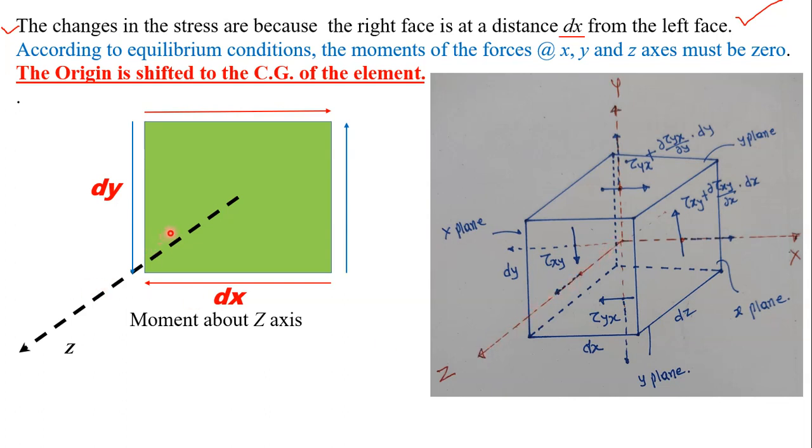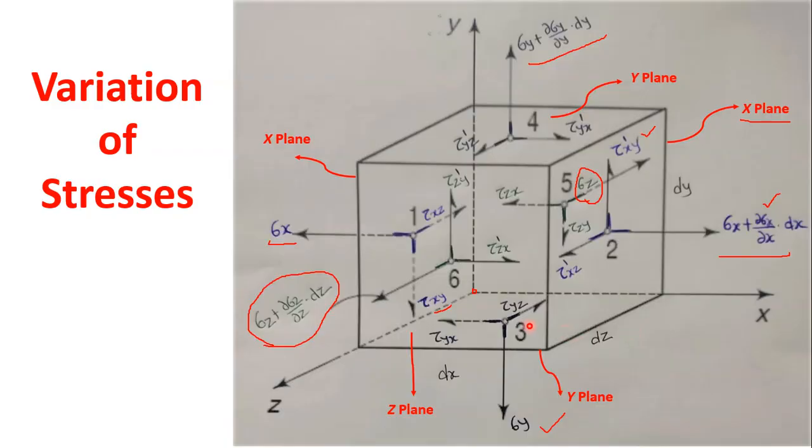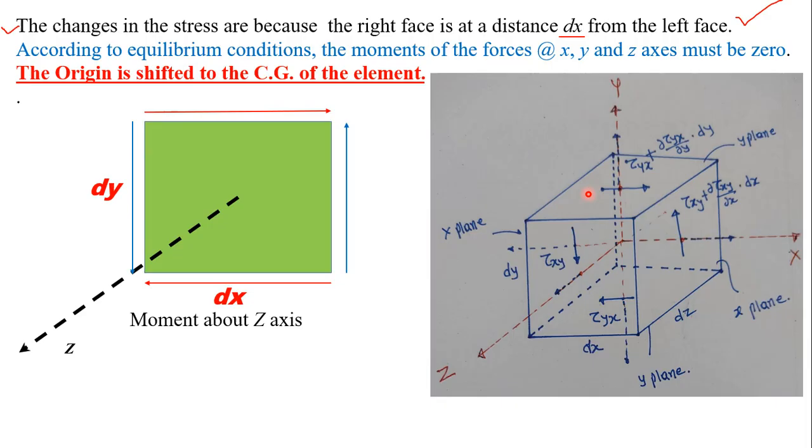In this figure, this side is equal to dy and this side is equal to dx, and thus we can take moment of stresses about the Z axis. If you take moment of sigma z about the Z axis in this system, it will be 0, because now the Z axis is along sigma z, the x axis is along sigma x, and the y axis is along sigma y.